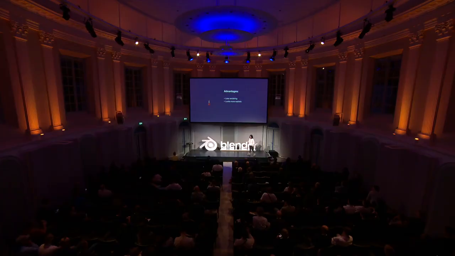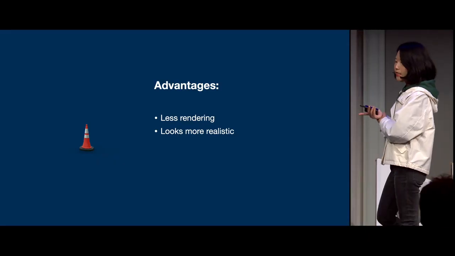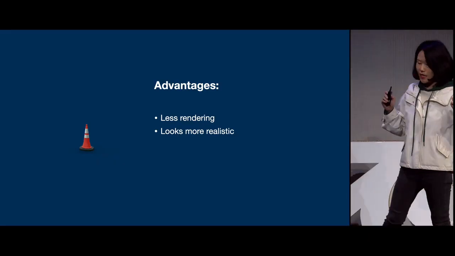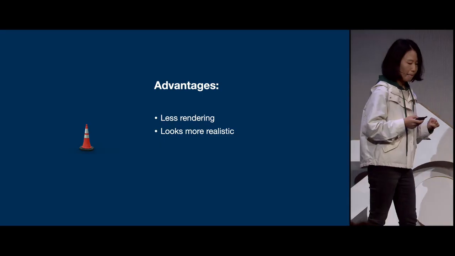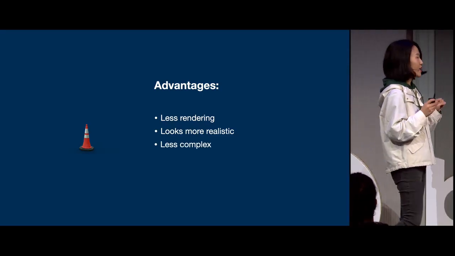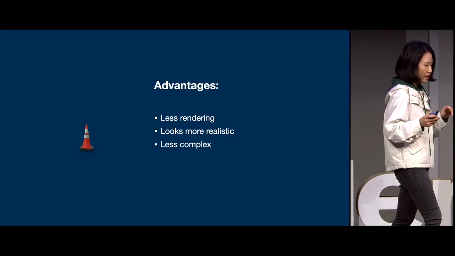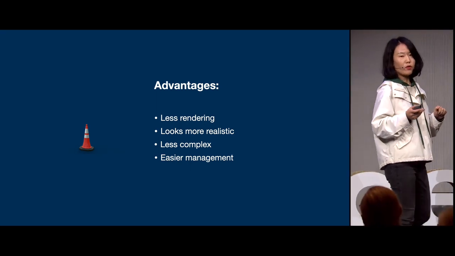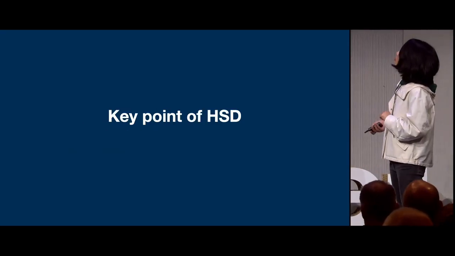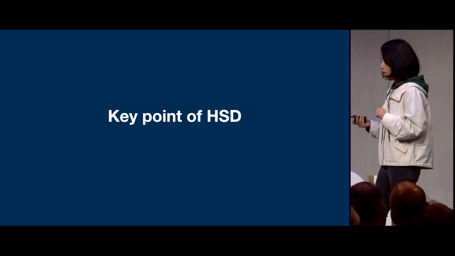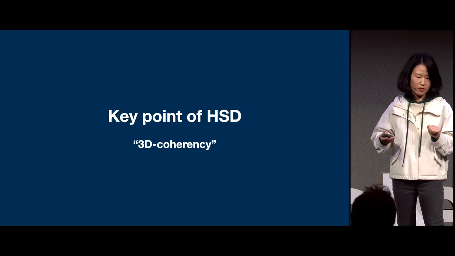Great. So the clear advantage of hybrid synthetic data is that it uses less rendering and looks more realistic. And the scene will be less complex and smaller, so it will be easier for project management. But a key point about HSD is 3D coherency.